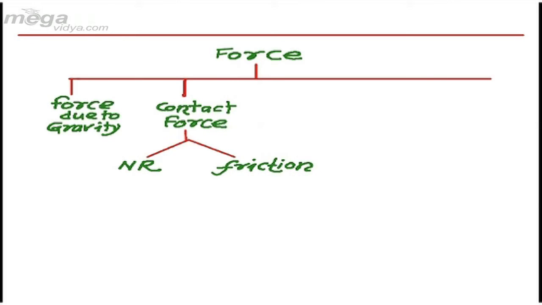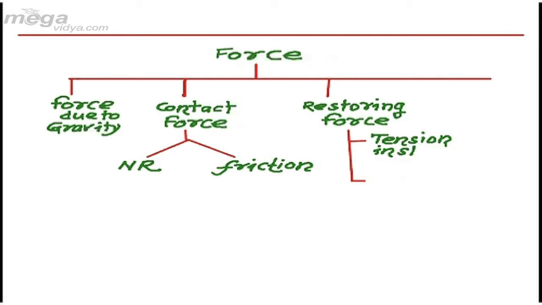If we talk about one more category, the next category is restoring force. Restoring force means like tension in strings and rope. The next force is spring force. This is also a restoring force.